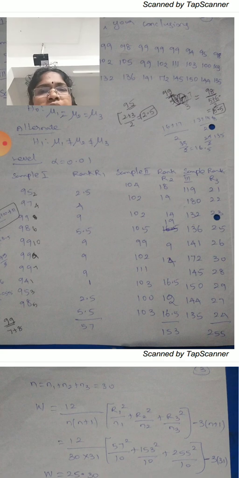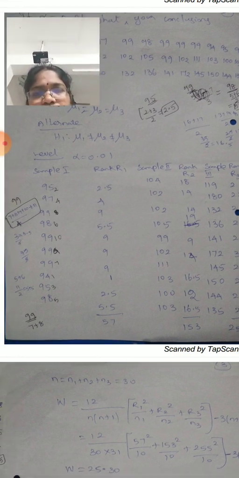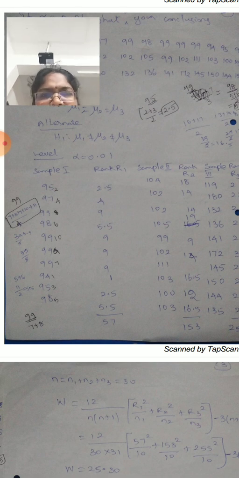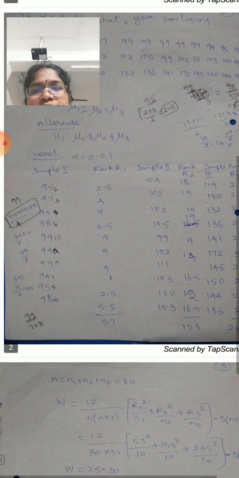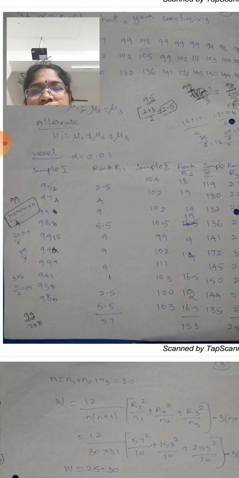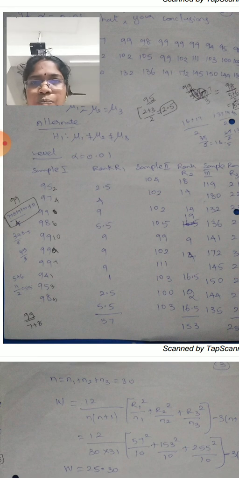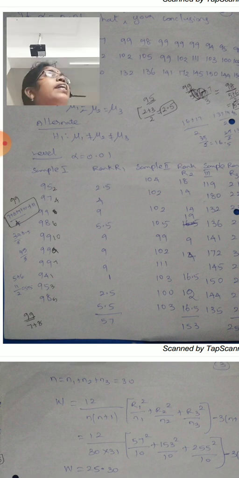98 already finished the 6th rank, and next we take the next value, 99. Here 99 appears in sample 1 and sample 2, the 7th, 8th, 9th, 10th and 11th. 99 is repeated 5 times.